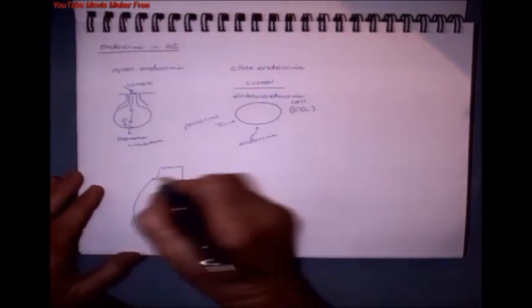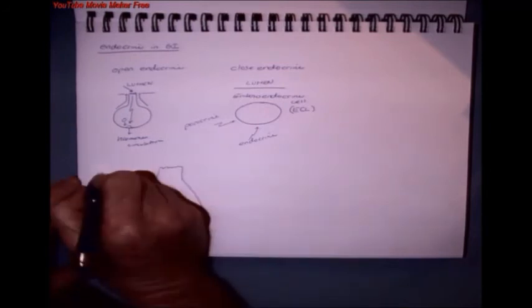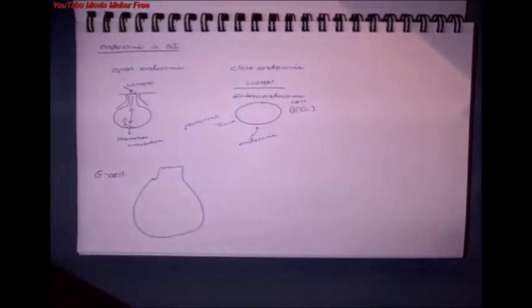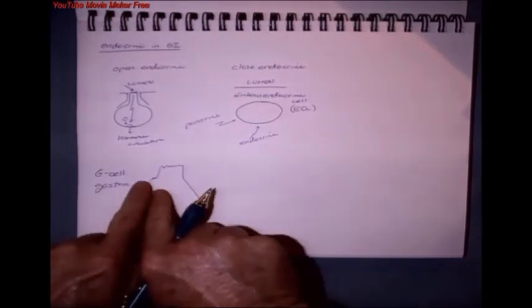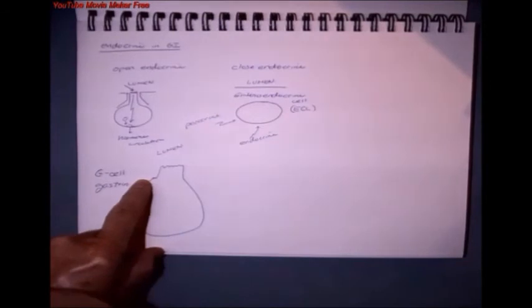So this particular cell is an open endocrine cell, and it's called a G cell. Now the easy way to remember that is, guess what hormone it makes? Gastrin, yeah. So this is going to make gastrin for us. It's an open endocrine cell, so it's open to the lumen of the stomach.